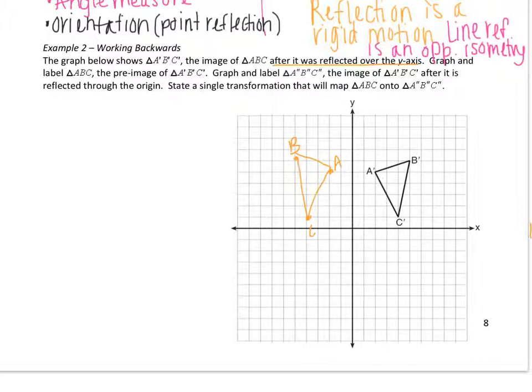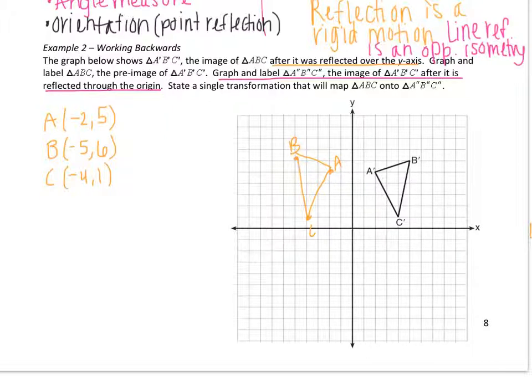I'm just going to quickly list the coordinates of A, B, C, and I'd like for you to pause the video and do the same. So now that we have these coordinates of A, B, C, I can now graph and label A double prime, B double prime, C double prime, the image of A prime, B prime, C prime after it's reflected in the origin. So I'm going to do it graphically just as I showed you just above.